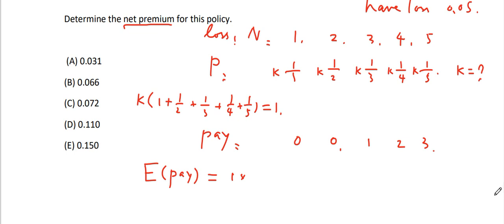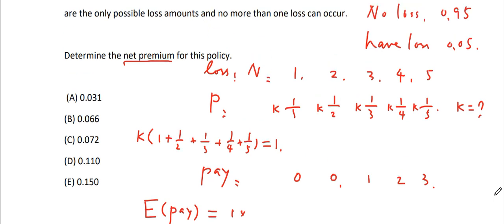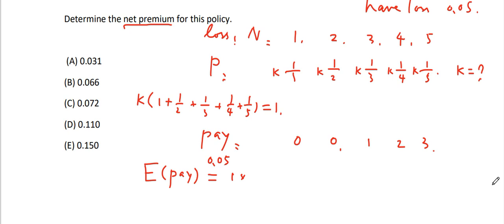And don't forget, payment only happens when there is a loss, so you should multiply by only 0.005, because with 0.95 there is no payment, just 0.